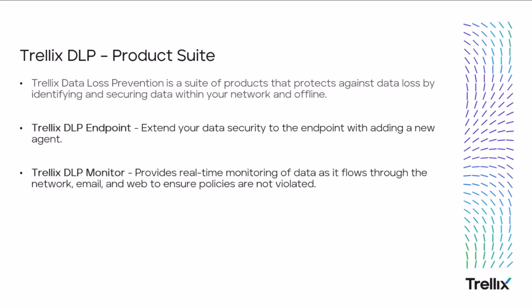DLP Monitor appliance learns about the quantity and types of data transferred across the network. The DLP Monitor does not block or change network traffic, so you can integrate it into a production environment without impacting the live traffic.